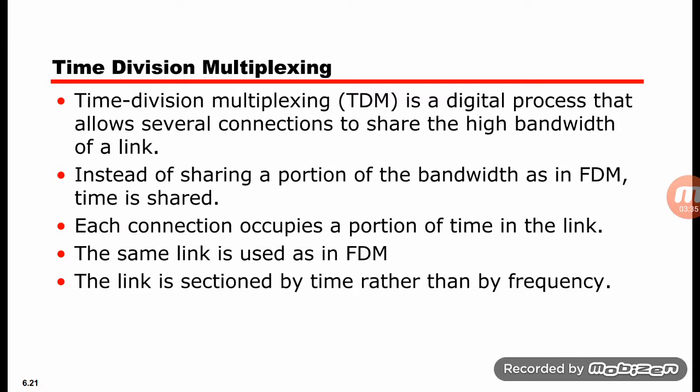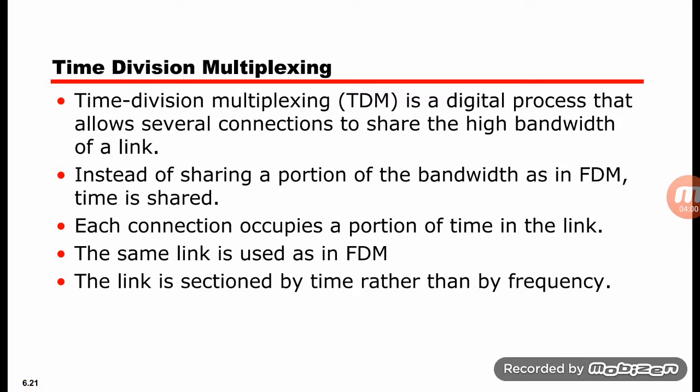So in FDM, let's suppose you have this link, so you divide it amongst, let's suppose, 4 users. So part of the bandwidth is for each user. In TDM, you give the whole bandwidth to one user for a short time, right? So you take turns. For example, if there are 4 people, first this guy will have the whole bandwidth for, let's suppose, 1 second.